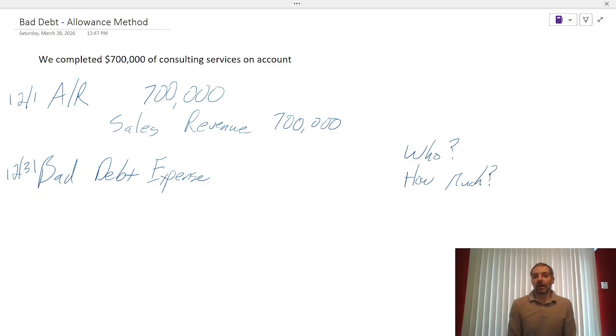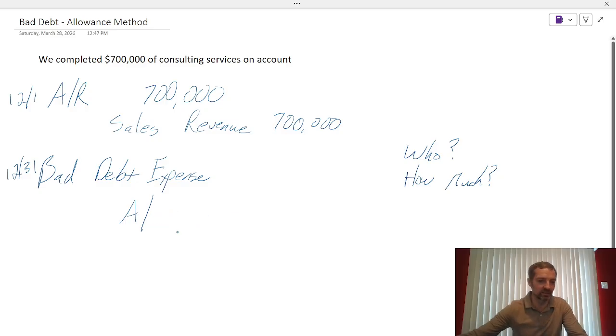So since we don't know who, we can't credit accounts receivable because we have to put someone's name with that. If we put Dave here, we would be taking something off of Dave's bill, and we don't want to do that. We want Dave to pay us. So we can't associate this with somebody exactly because we don't know who's not paying us.